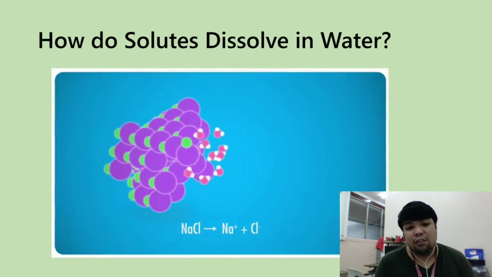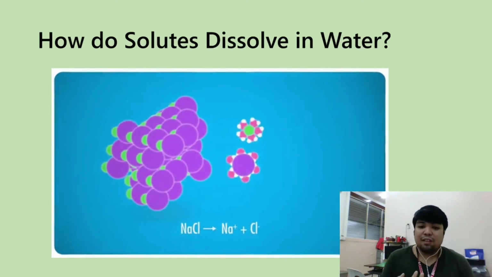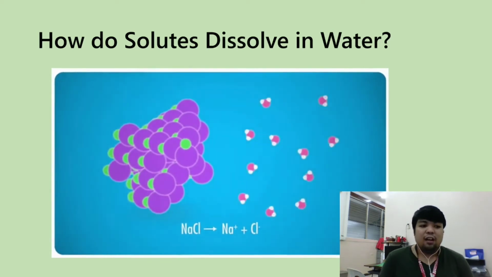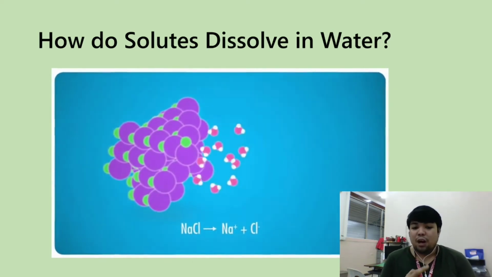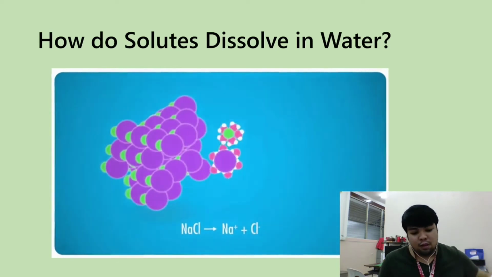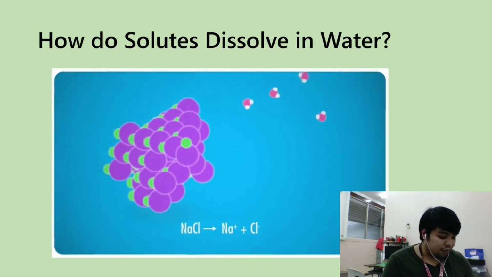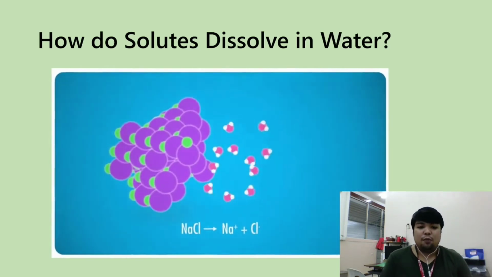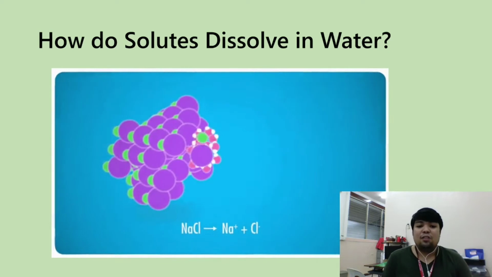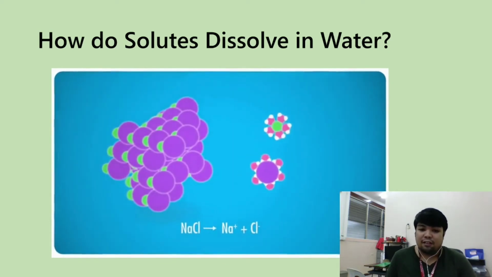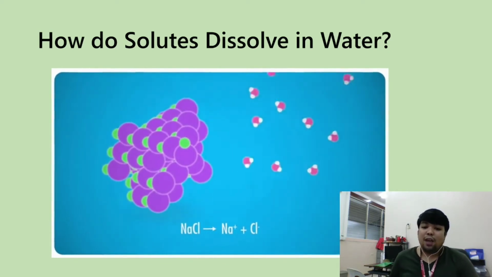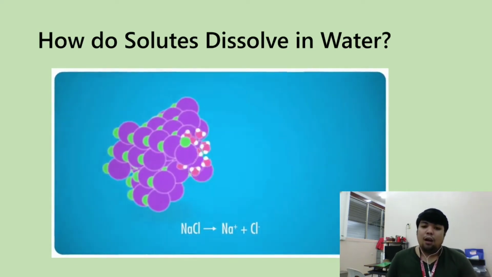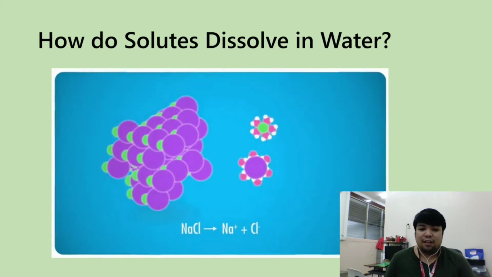When water molecules approach sodium chloride, since opposite charges attract, the partially positive end of water is attracted to the anion, which is chloride in this case, and the partially negative end of water is attracted to the cation, which is sodium in this case.